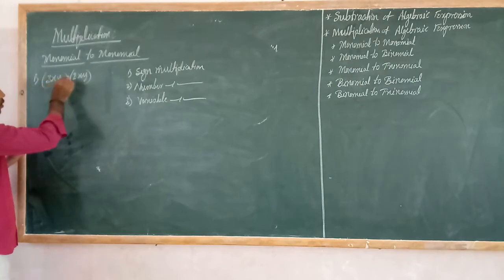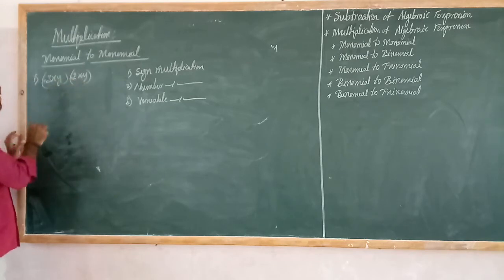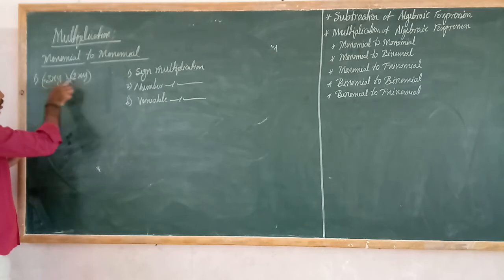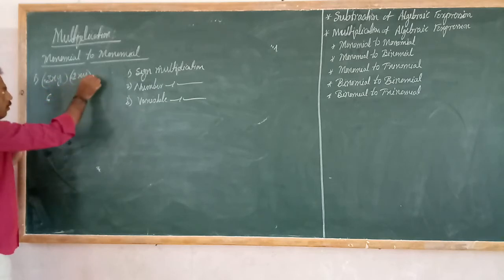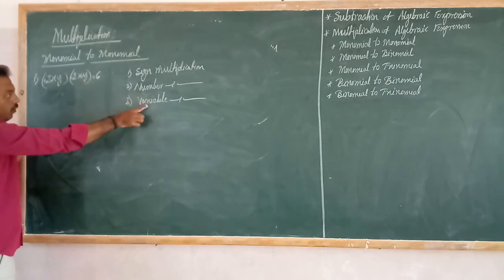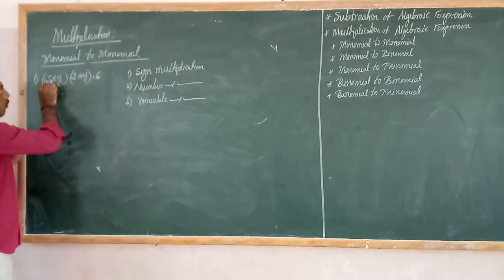Here first, sign multiplication, but here plus, here also plus, so plus into plus only. We need not multiply the sign. Then we go to the number multiplication: 3 2s are 6. After that, variables. How many variables are there?